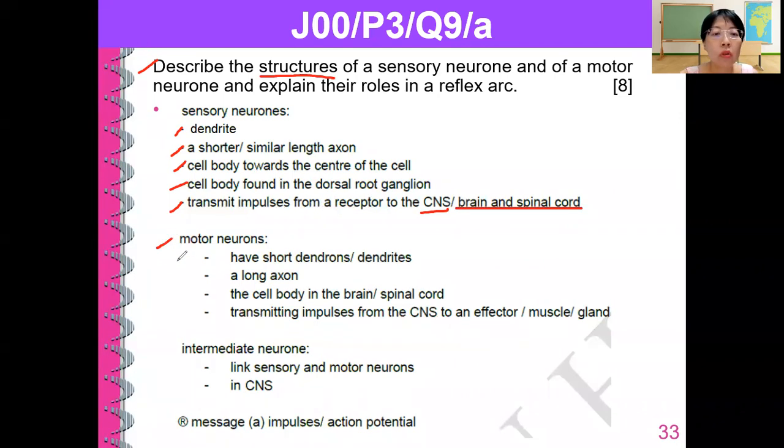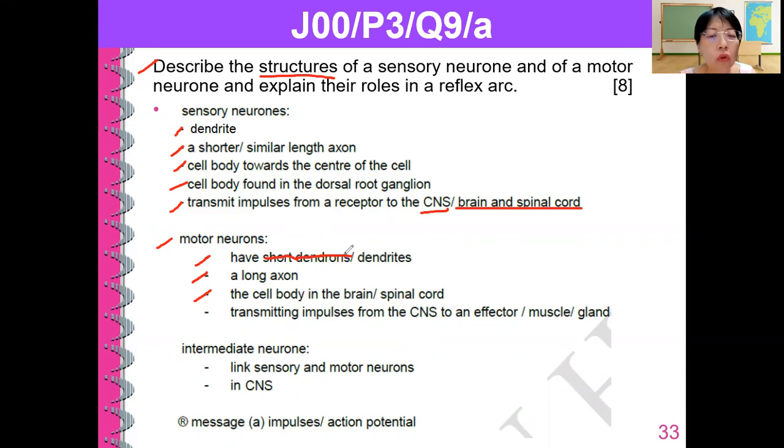Okay, motor neuron has short dendrites. So the end of the motor neuron will start with branches, and each branch is called a dendrite. You no longer learn dendron in your new syllabus, so we ignore the word dendron. This is followed by a very long axon, and then the cell body is located at the beginning.